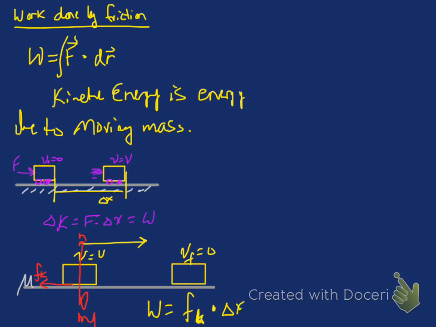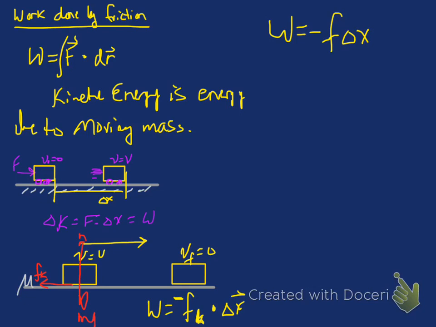Well, we also know that our friction is in the opposite direction to our displacement, and that winds up giving us a negative value. Work is going to equal this negative force F delta x for our change in kinetic energy.